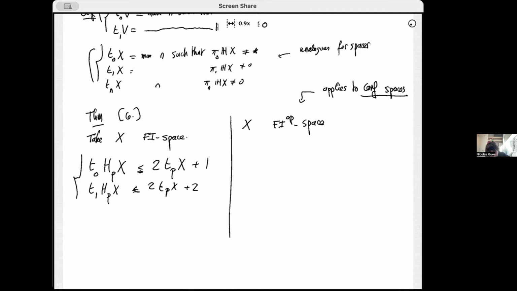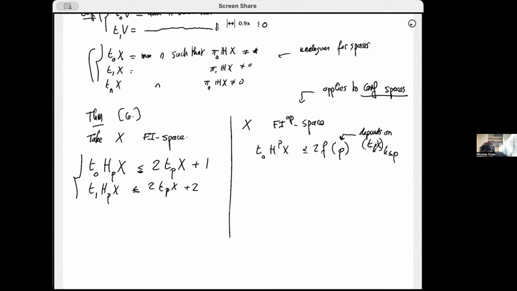And the result is the following. So for homology groups, I have the rather intricate bound that depends on, so I'll call this f of p. So this function depends on all the Tk of X for k smaller than p.